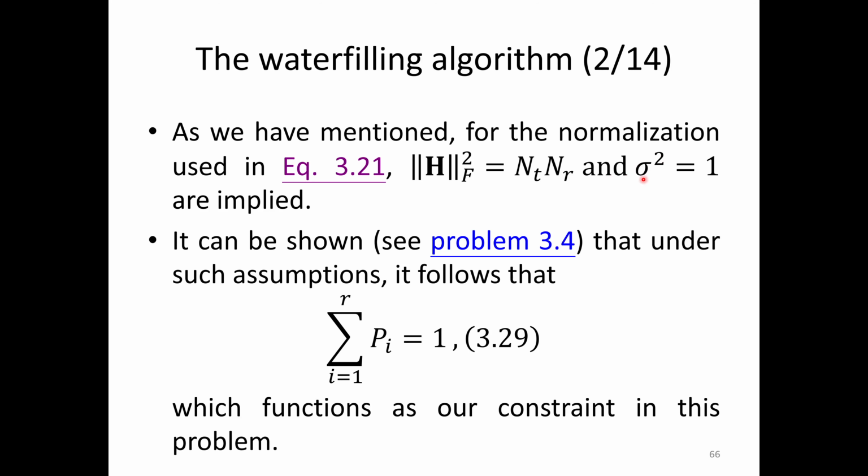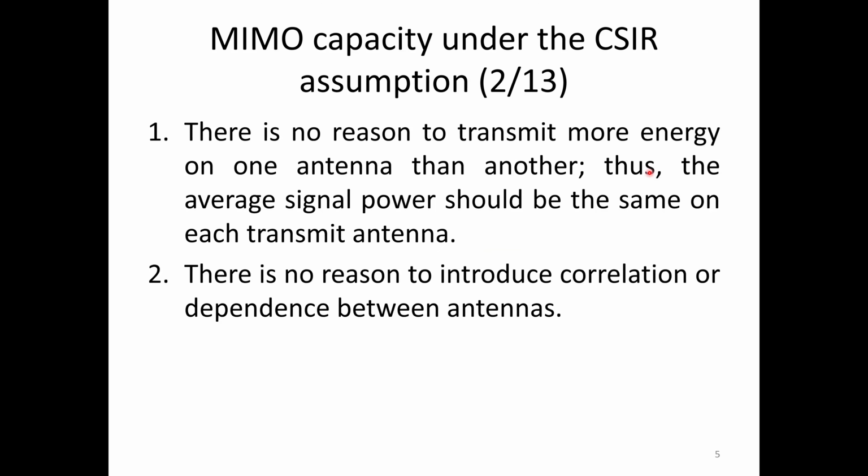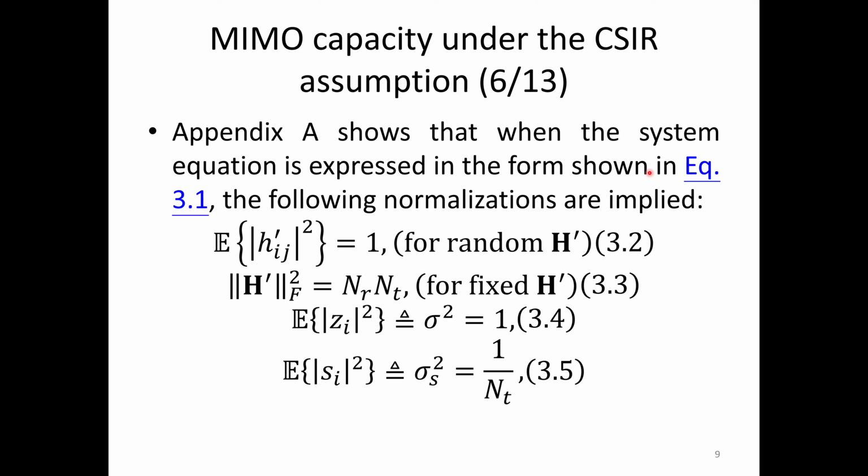What is sigma square? Sigma square is defined as the expectation of the square of the absolute value of Zi, and it is equal to 1.